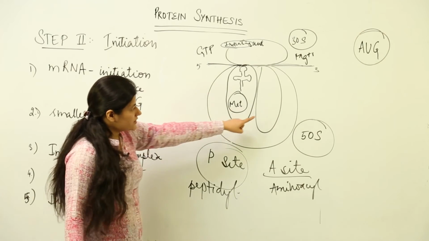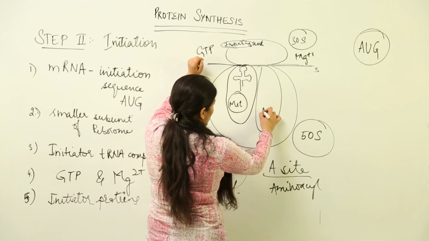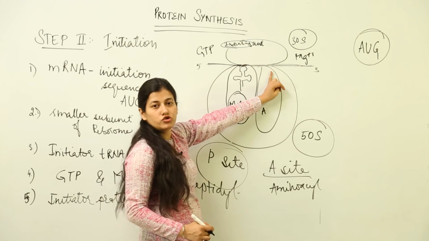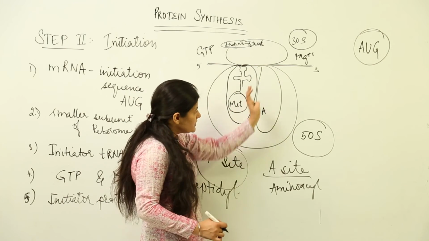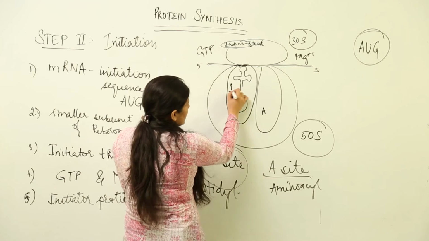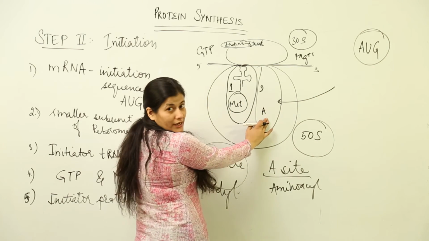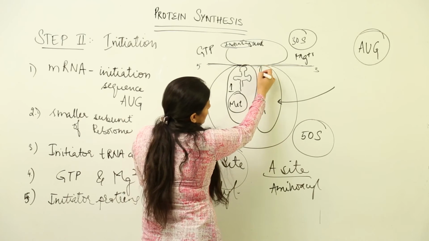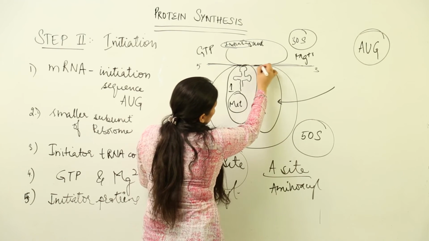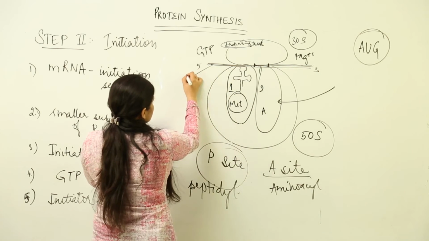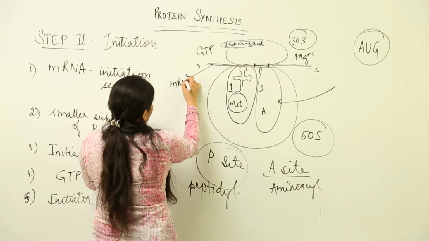Now, this A site is meant for the next tRNA that would come and sit over here. So, one is this, the second will come and sit in A site, and that would be according to the next coding sequence that would be present on mRNA. This part is mRNA, alright.